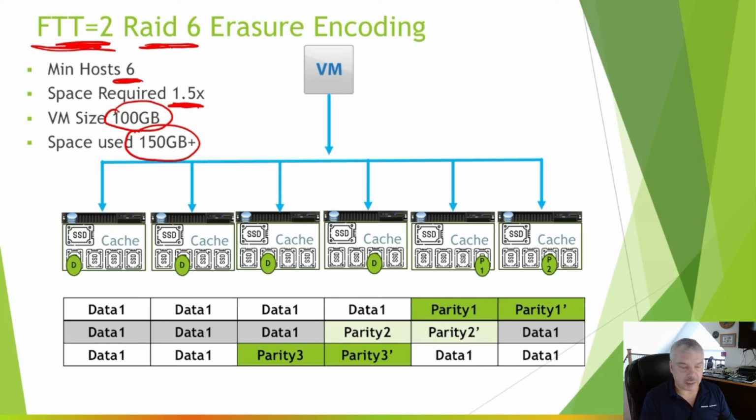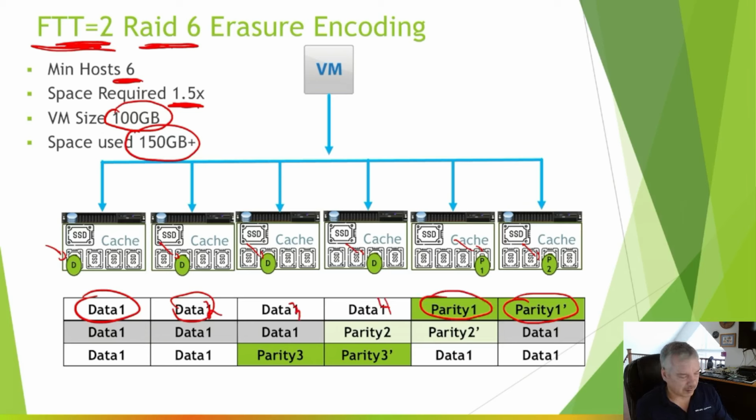This is basically the same kind of thing. We're striping our data across these disks. With RAID 6, think of it as a double parity RAID 5. So we have Data 1, Data 2, Data 3, Data 4, and then my parity and parity prime.